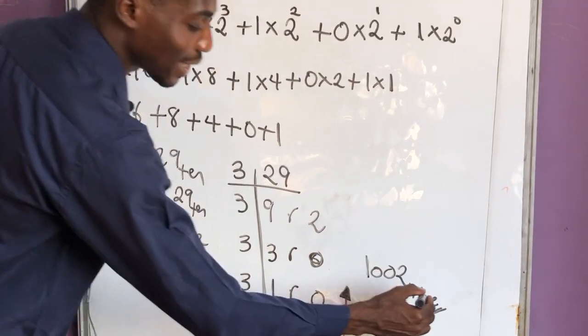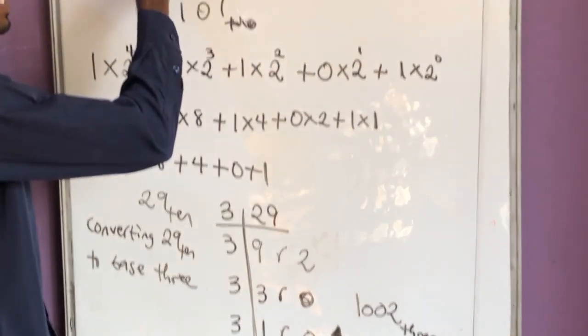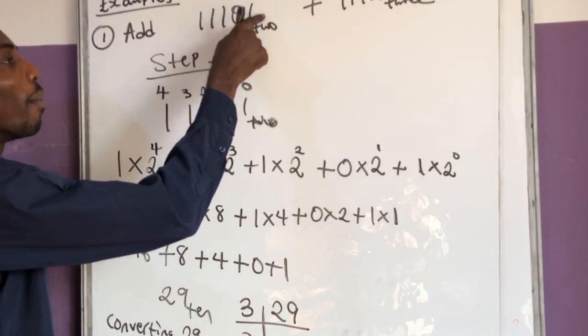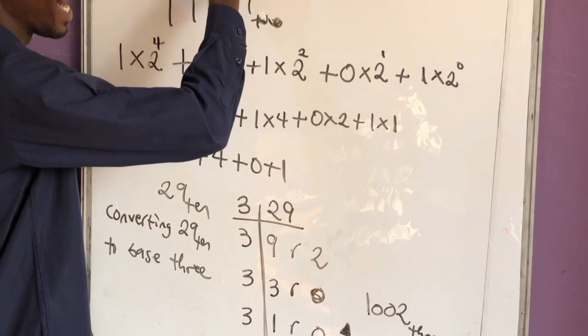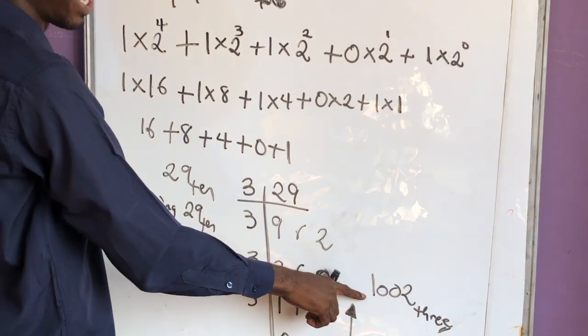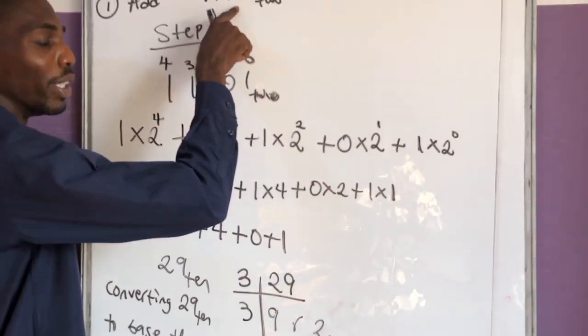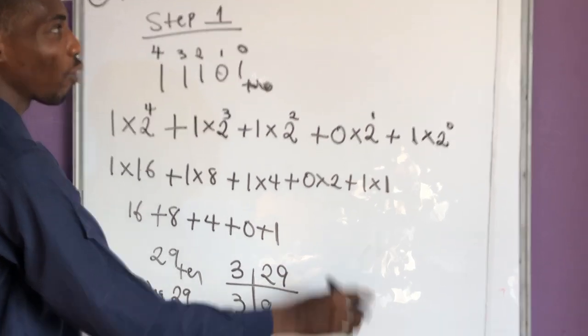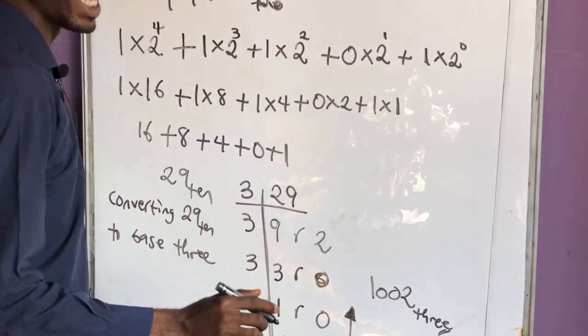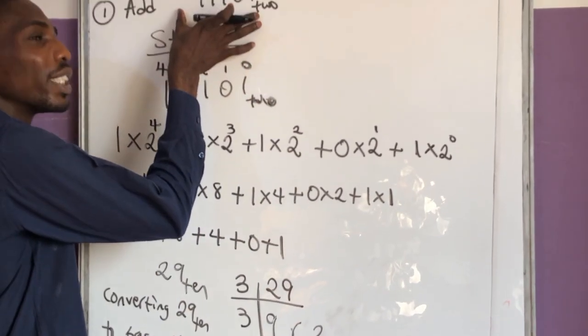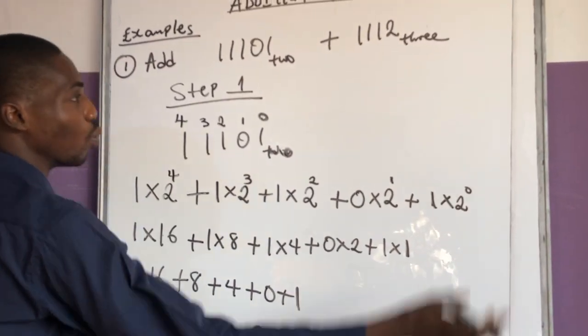So converting 11101 base 2 to base 3 is this. So this number is equivalent to this number. This number is in base 2 and this one now is in base 3. So I've converted this from base 2 to base 3. So what is the next thing I need to do now? Then remove this one that is here and put what you have here.